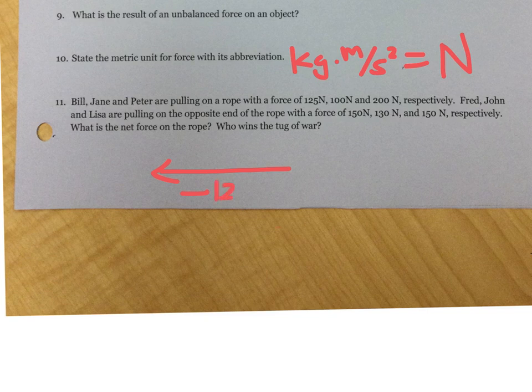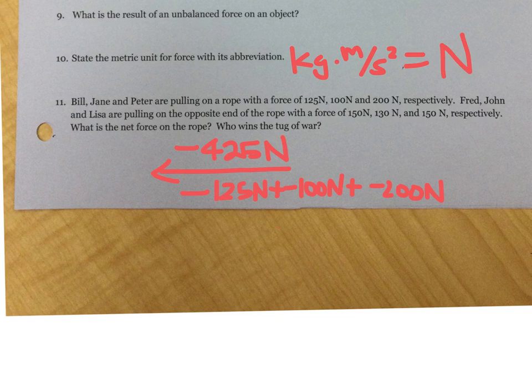So we have negative 125 newtons plus negative 100 newtons plus negative 200 newtons. What that means is that these three are pulling with an overall force of 425 newtons in the direction to the left, which is that negative sign.